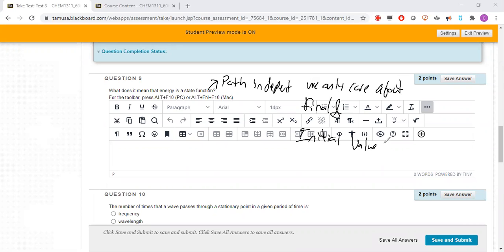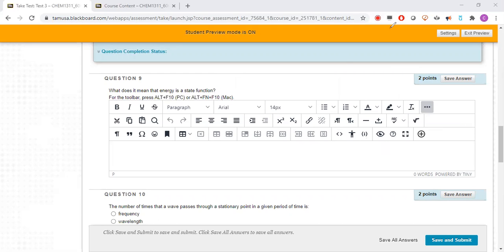That is, it doesn't matter what happened between our initial reading and our final reading. The energy could have fluctuated a ton. All we care about is what our final energy value is and what our initial energy value is. Path independent, that's what a state function means.